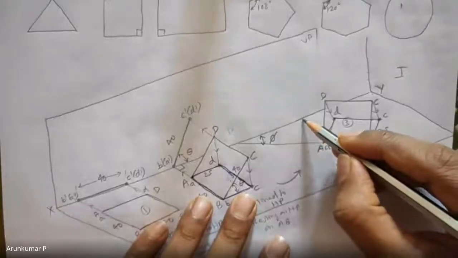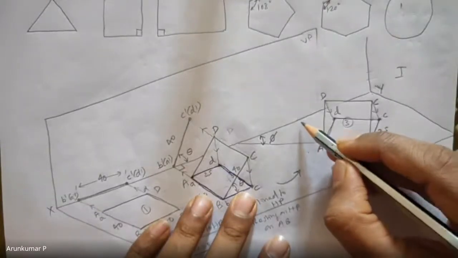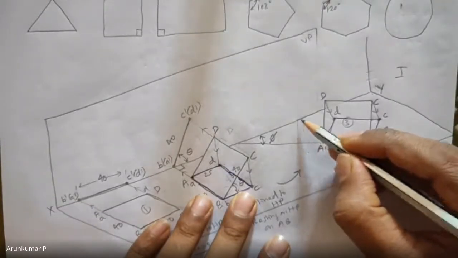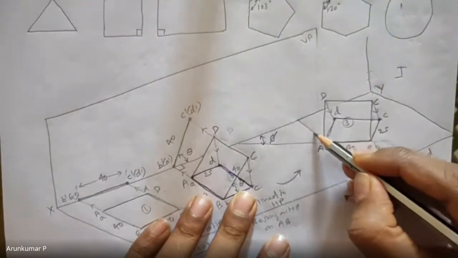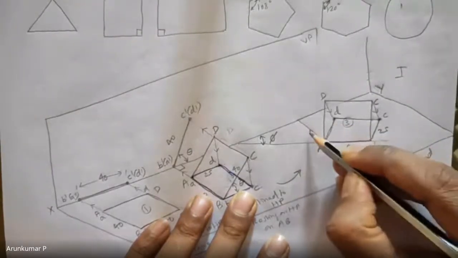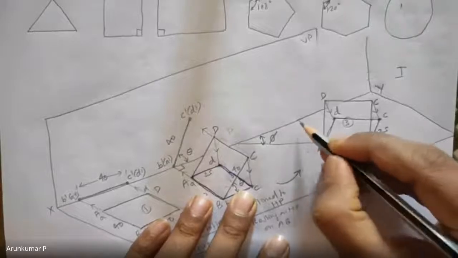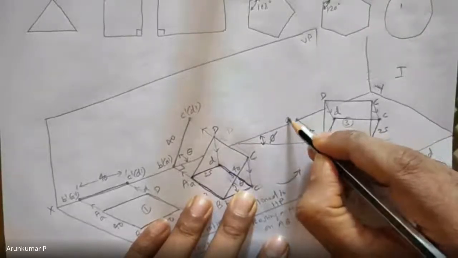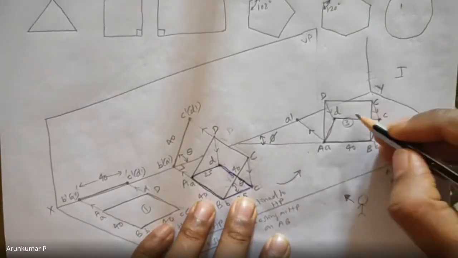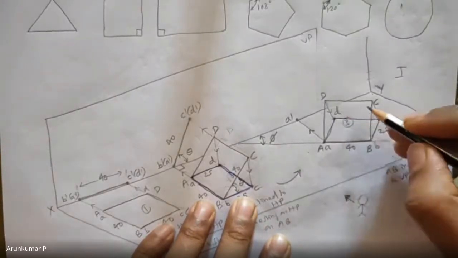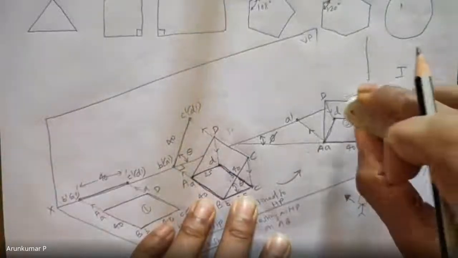First, I'll project A onto VP. So it will come and intersect here on the XY line. So this will be A dash. Then I'll project B. So I'll take B on this side.